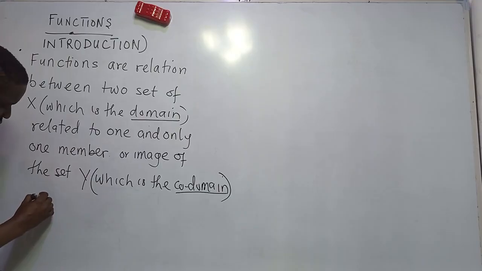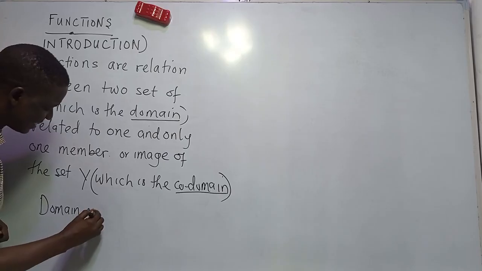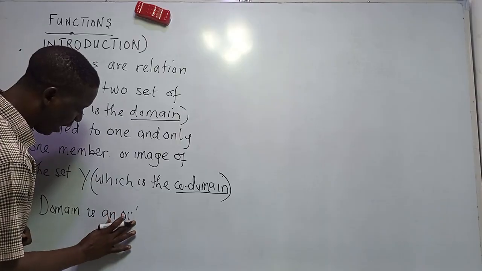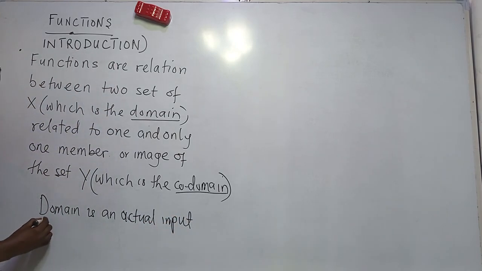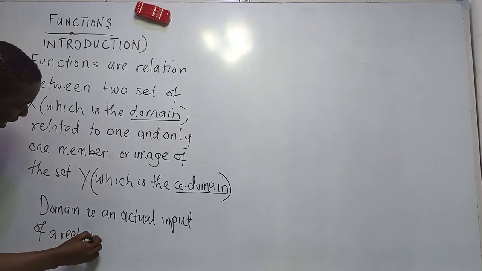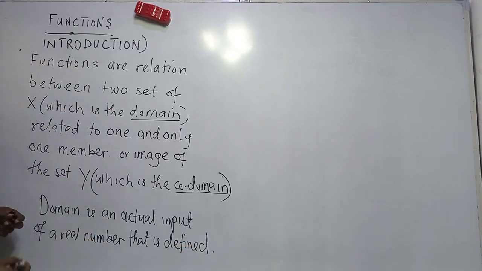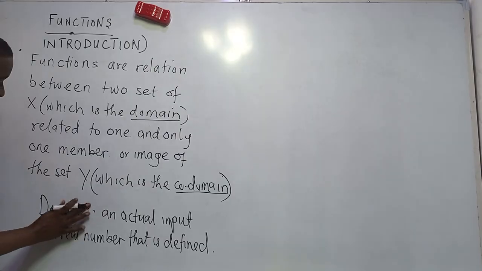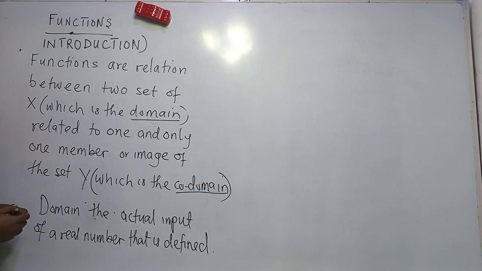First of all, the domain is the actual input of a real number that is defined. You can put it that way, it is still correct: the domain is the actual input of a real number that is defined.